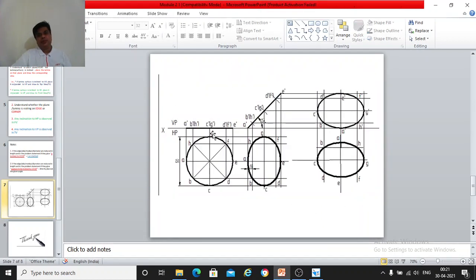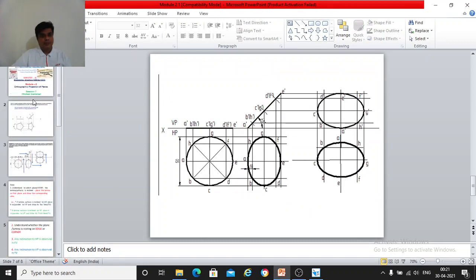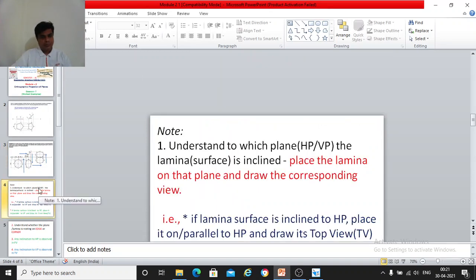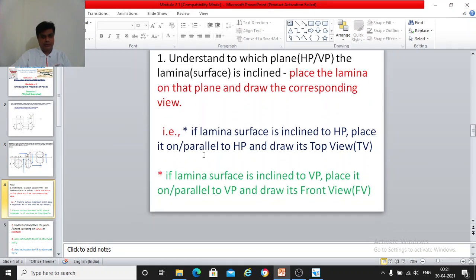So this is the solution to this problem. So you just follow the same points here.